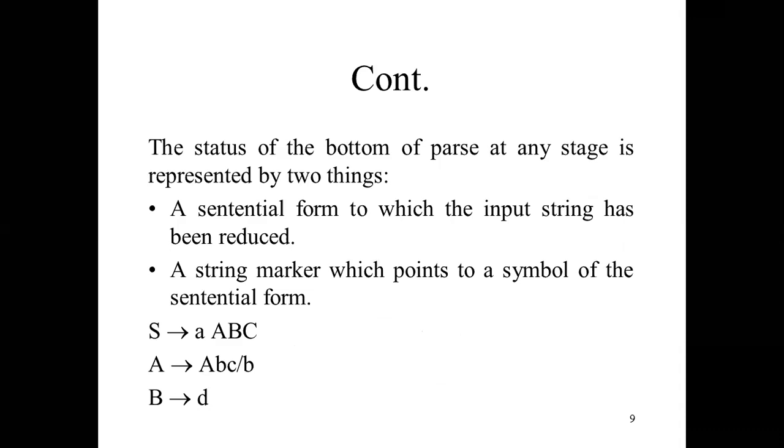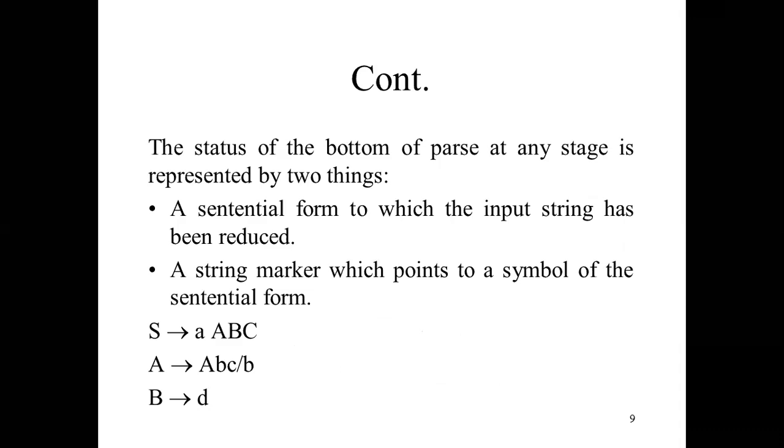Now, the status of the bottom up parse at any stage is represented by two things. What are those two things? First is the sentential form to which the input string has been reduced. All steps contain sentential forms, but at the end we have a long sentential form, a big expression.